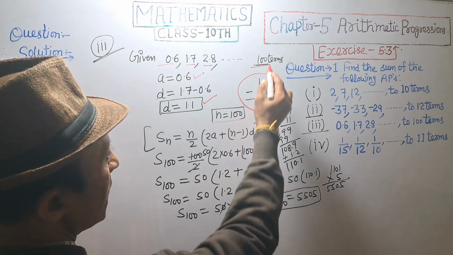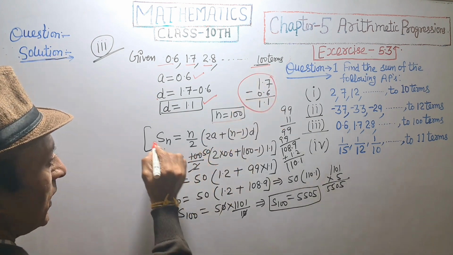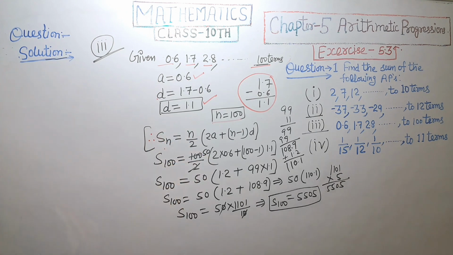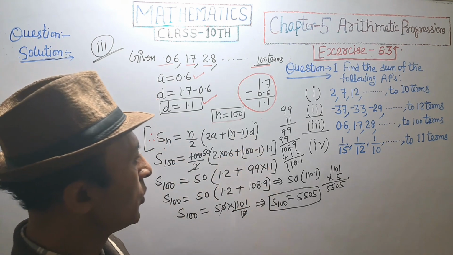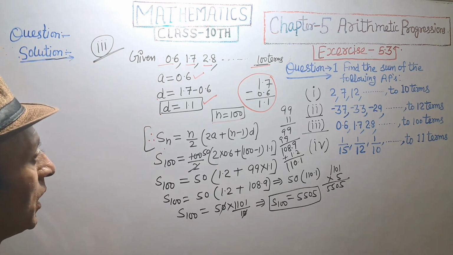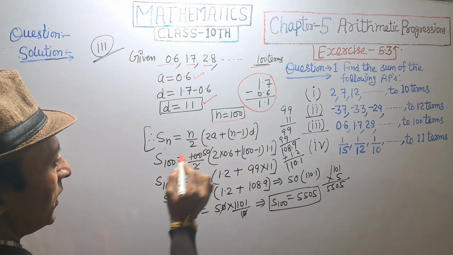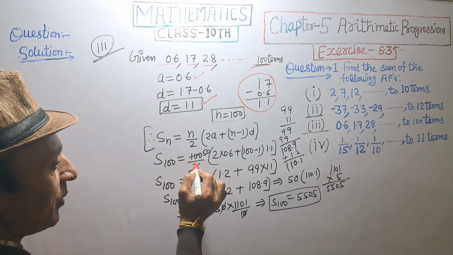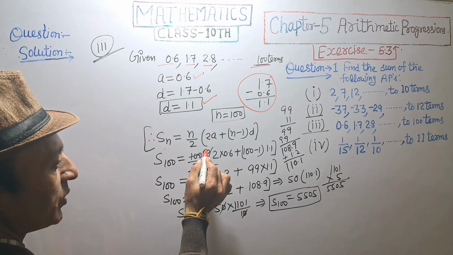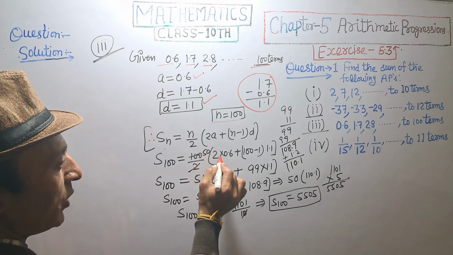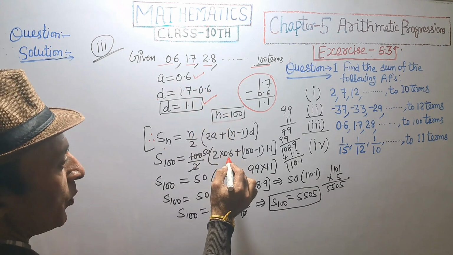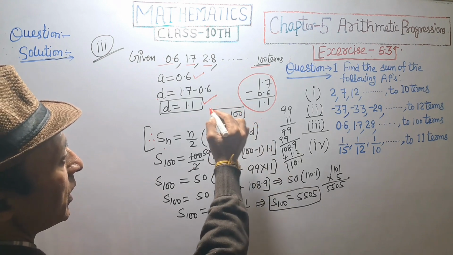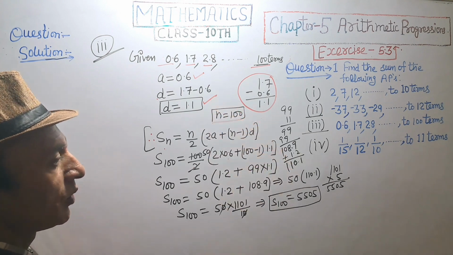N is 100, and using the formula Sn is equal to n by 2, 2a plus n minus 1 into d, S100 is equal to 100 divided by 2, that is 50, into 2a plus 100 minus 1 into d.